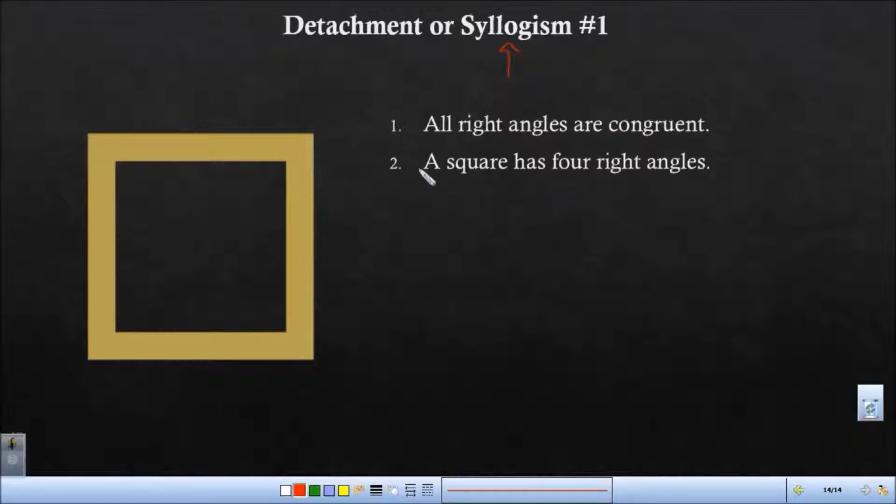So this is going to feed into this, and the right angles become congruent angles. So we say a square has four congruent angles.